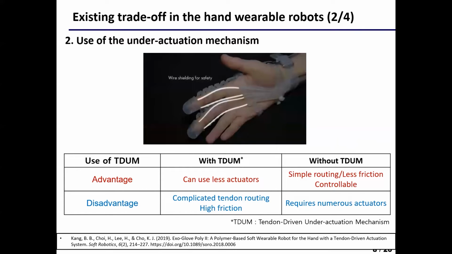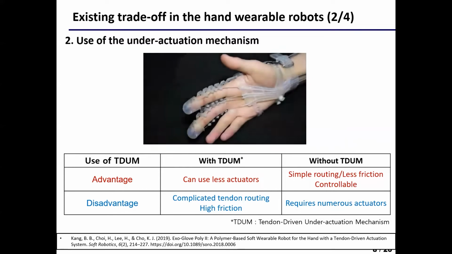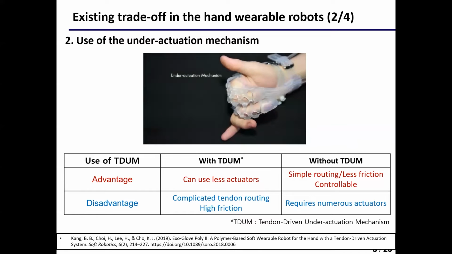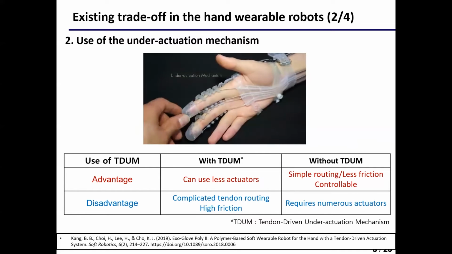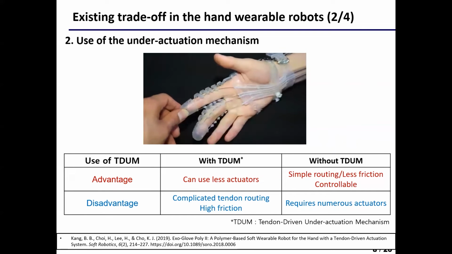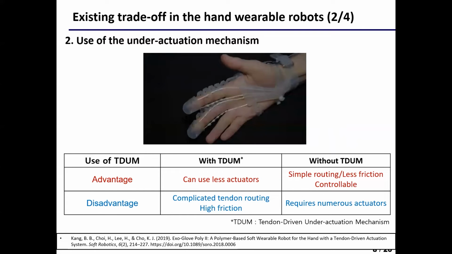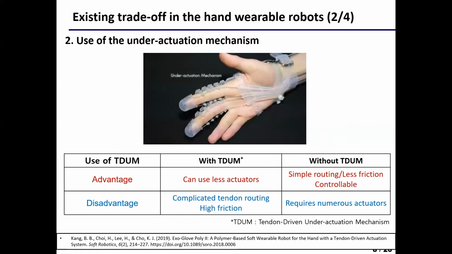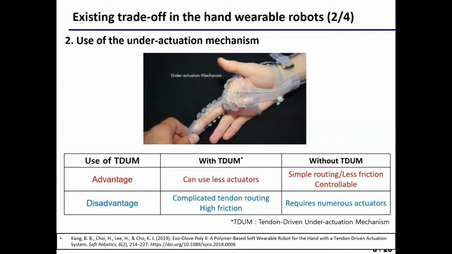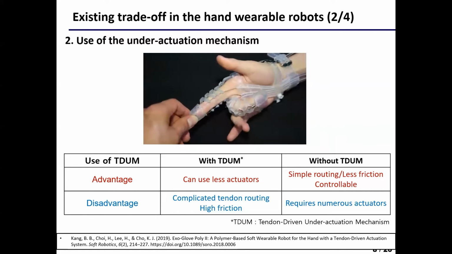This motion pattern is usually named adaptability. Since this adaptable motion stabilizes the grasp performance by increasing the contact points, numerous researchers have utilized TDUM to deal with the trade-off issue related to the actuator number.